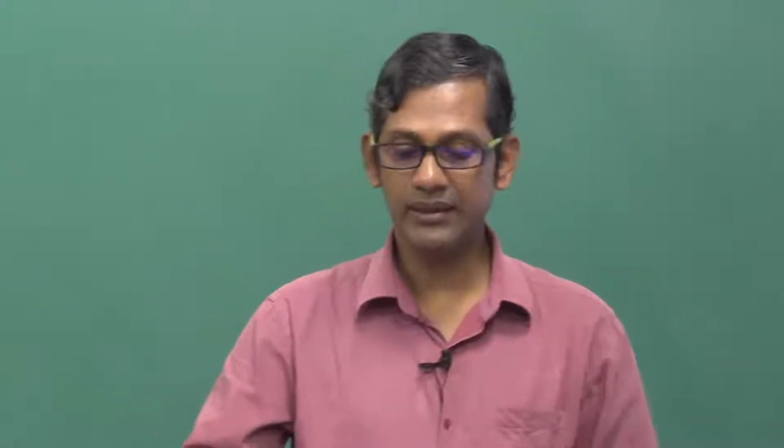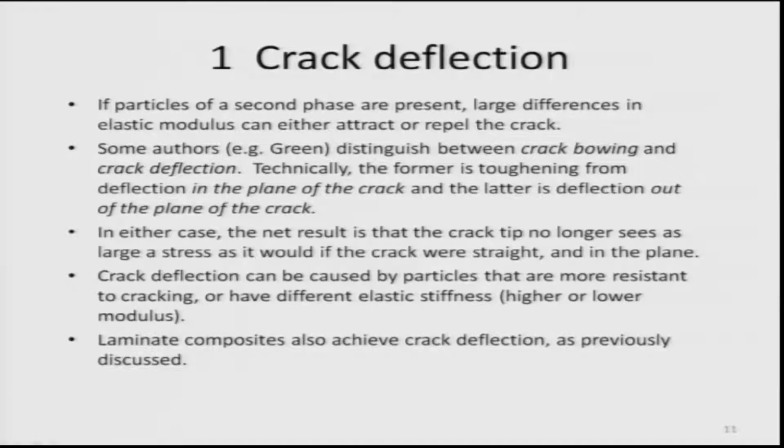Some authors have shown a distinction between crack bowing and crack deflection. Bowing means just bowing out, we will see it now in a picture. Technically, the former is toughening from deflection in the plane of the crack, the latter is deflection out of the plane. But in either case, whether the crack bows out or deflects, it gives you some kind of toughening.